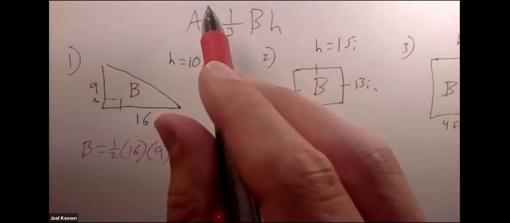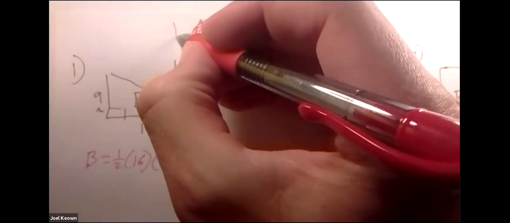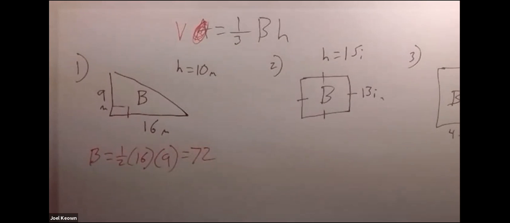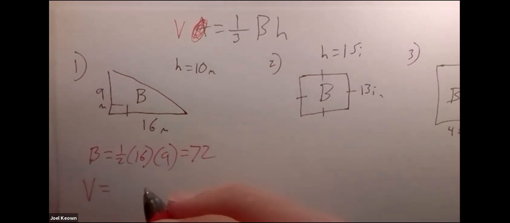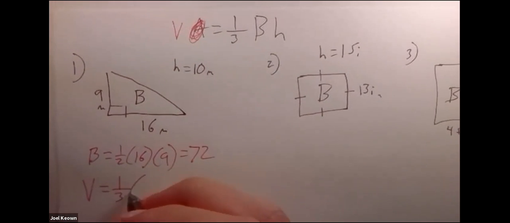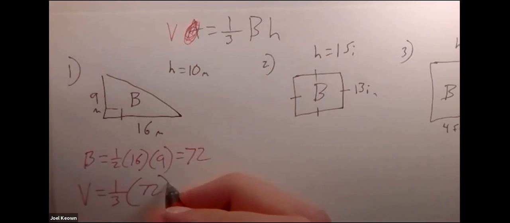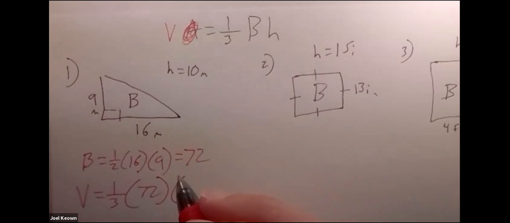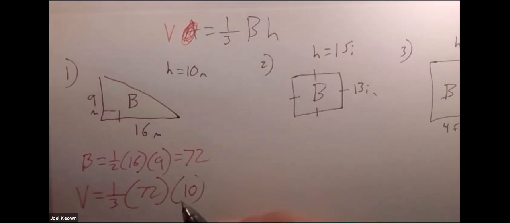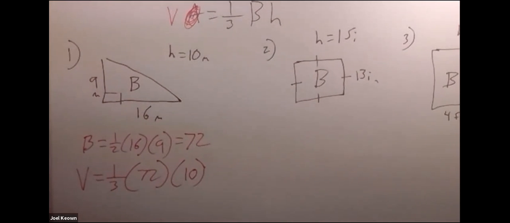And then to find the area, sorry, I put A. My apologies. We're finding volume, not area. Volume, or V, we're going to do 1/3 times the base, which I just found is 72, times the height, which they tell me is 10. Now, I just wrote down height is 10. So you saw on the previous screen, then they give you all those dimensions.